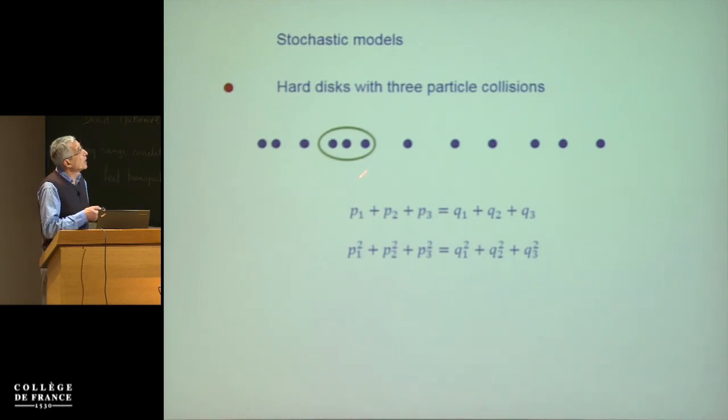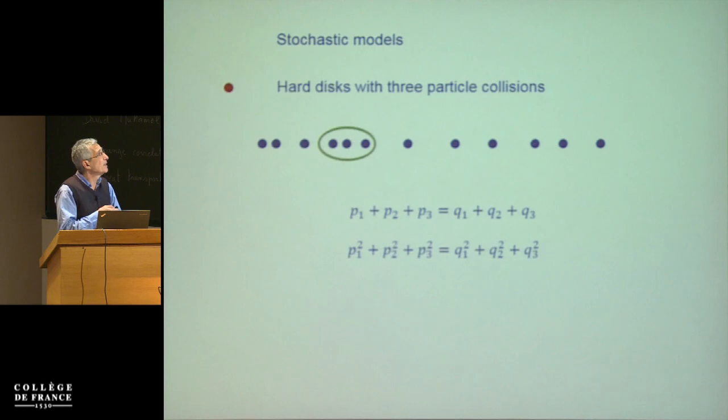That is, every now and then you take, say, three particles which are sufficiently close to each other, and then you exchange their momenta. And you redistribute their momenta in such a way that you conserve the total momentum of the three particles and the total energy.